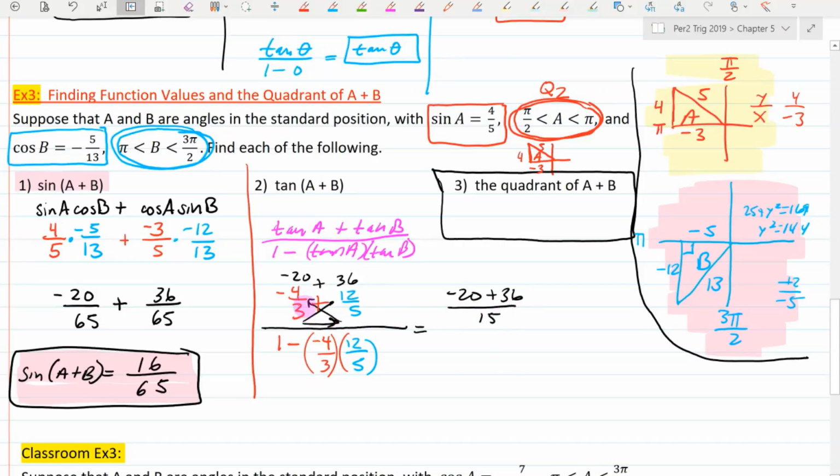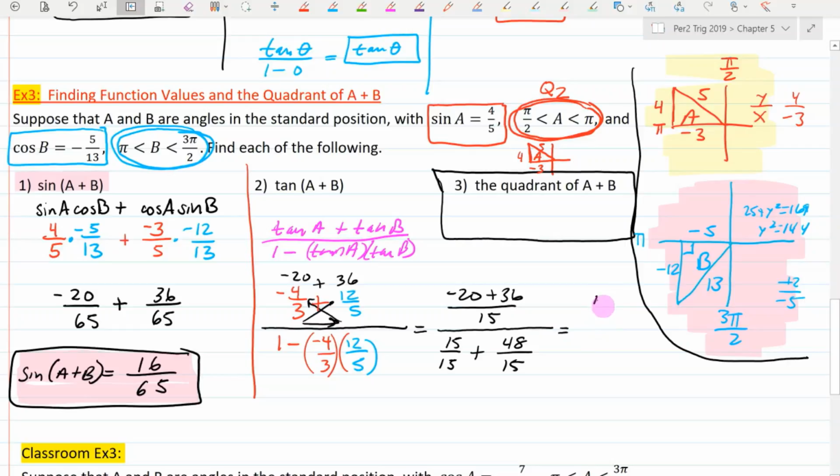So here, multiply by 5 over 5. That's negative 20 over 15. Multiply by 3 over 3, so that's 36 over 15. Here in the denominator, I know that the denominator is going to be 15, and that's what I want it to be, okay? So this is going to be 15 over 15, the 1. And this is going to be 48 over 15. Because we have two negatives there, this is going to be plus.